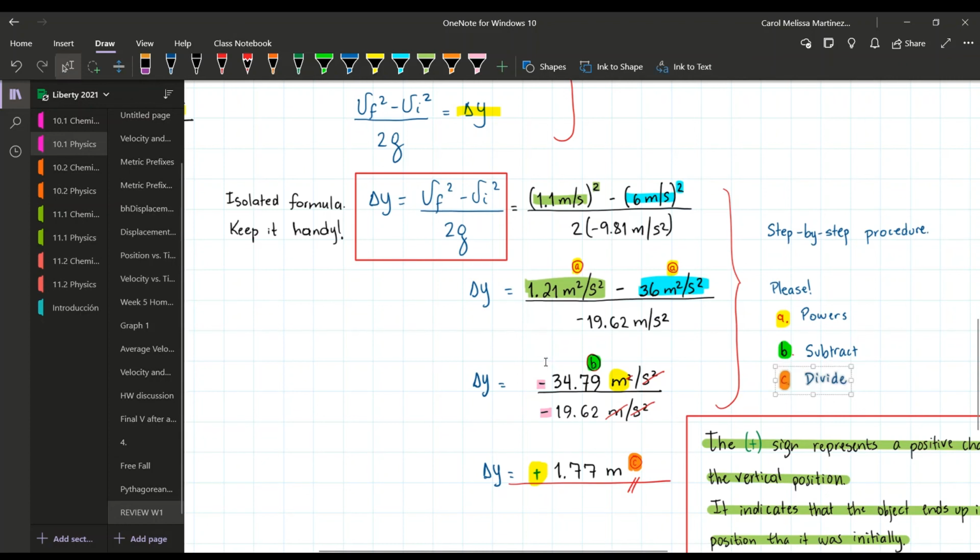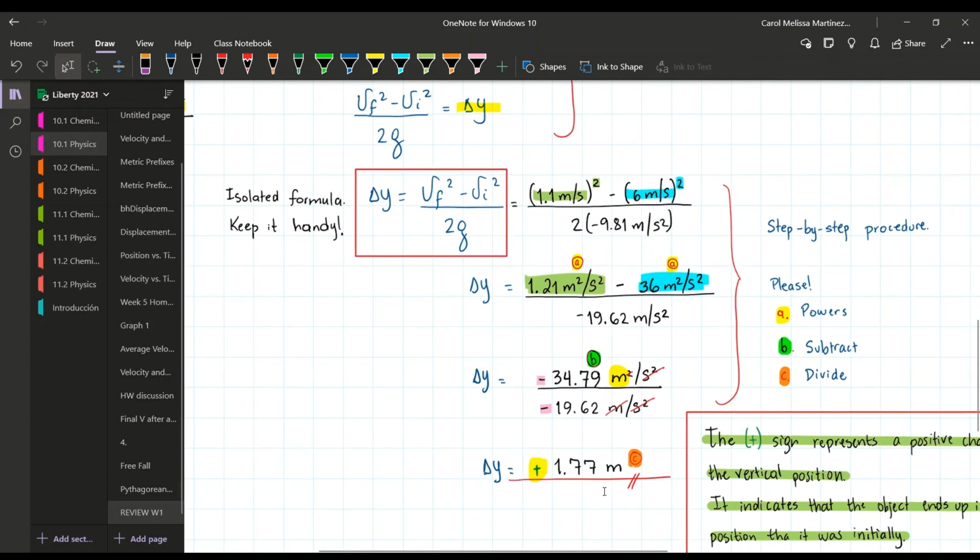When you divide, the negatives are cancelled, or negative divided by negative turns into a positive sign. So 34.79 divided by 19.62 gives you 1.77 meters, or approximately equal to 1.8 meters. And meters, because here you cancel the second squared with the second squared, and one of the meters with the single meter over here.